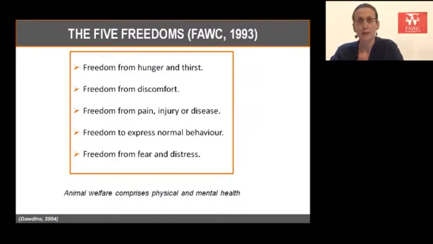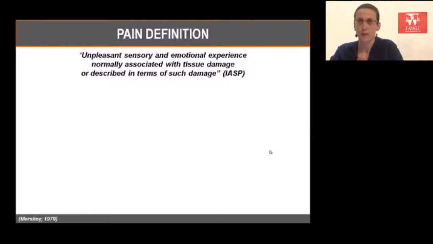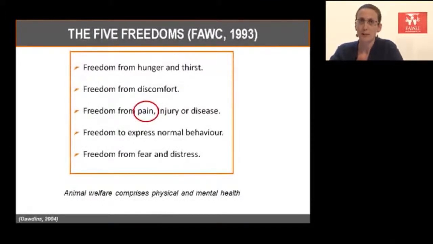So it's clear that one of the components of animal welfare is pain. That means that veterinarians and producers have to be able to recognize and prevent this pain in animals, and also we have the ethical responsibility to treat these animals.